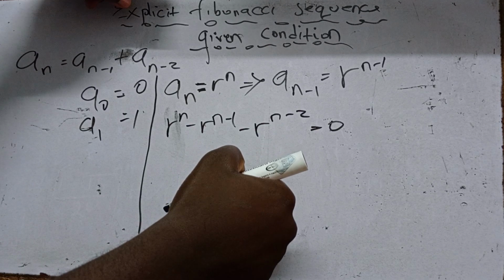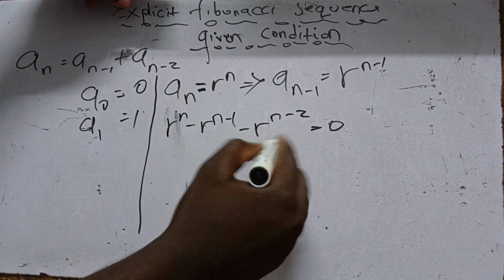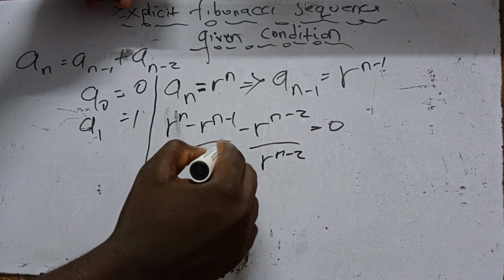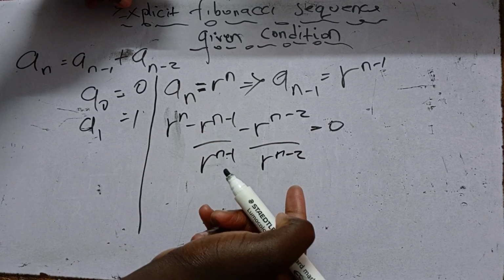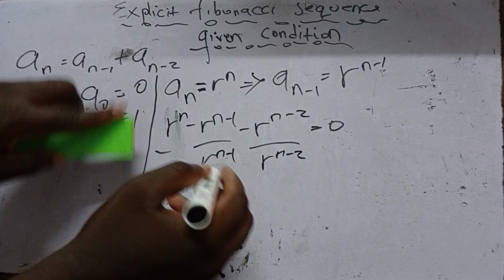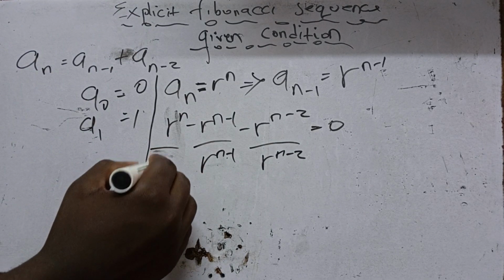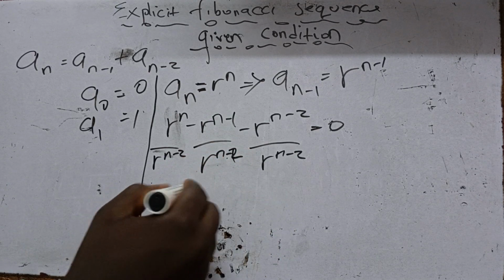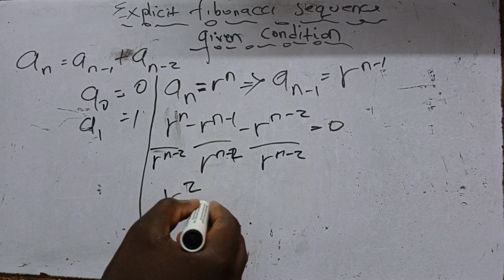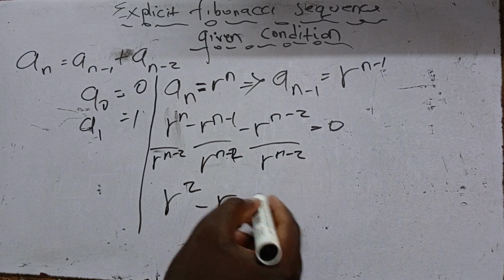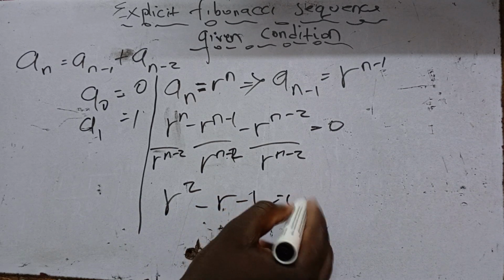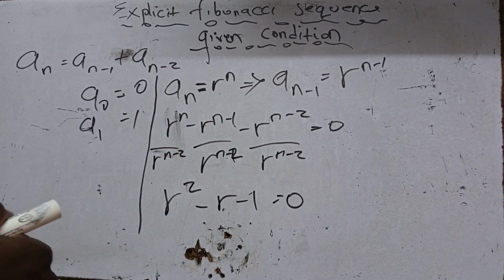You divide both sides by r^(n-2), and the smallest value of r, so it will be r² minus r minus 1 is equal to 0.